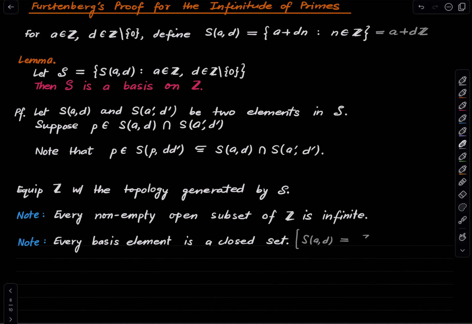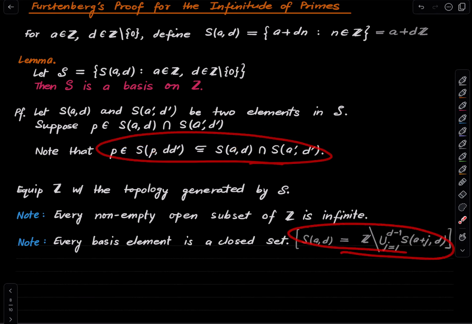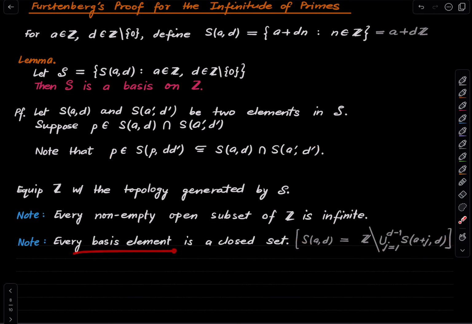This is easily seen to be equal to that. Draw a picture and you'll see. In fact, here also draw a picture if that is not clear. If it's still not clear, take some special examples. Take d equals 2, d prime equals 3, p is equal to something, a is equal to something, and then just draw a picture and this will be clear. Same for this. Okay, so every basis element is a closed set.